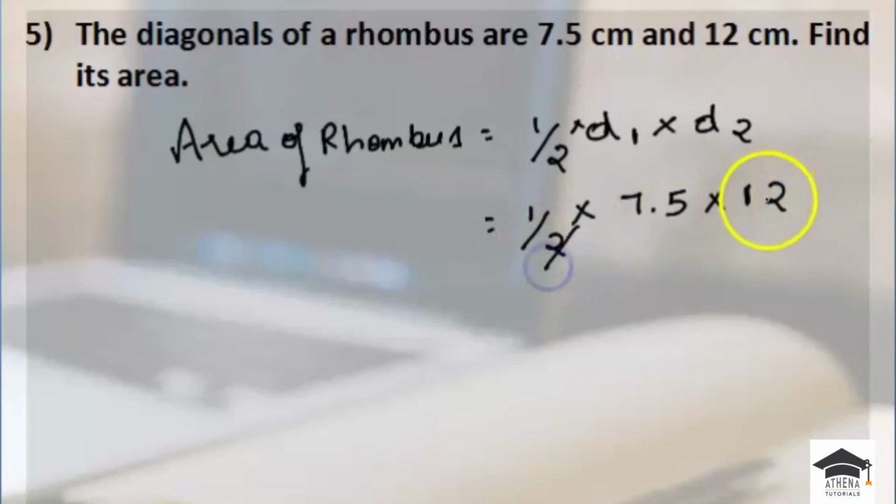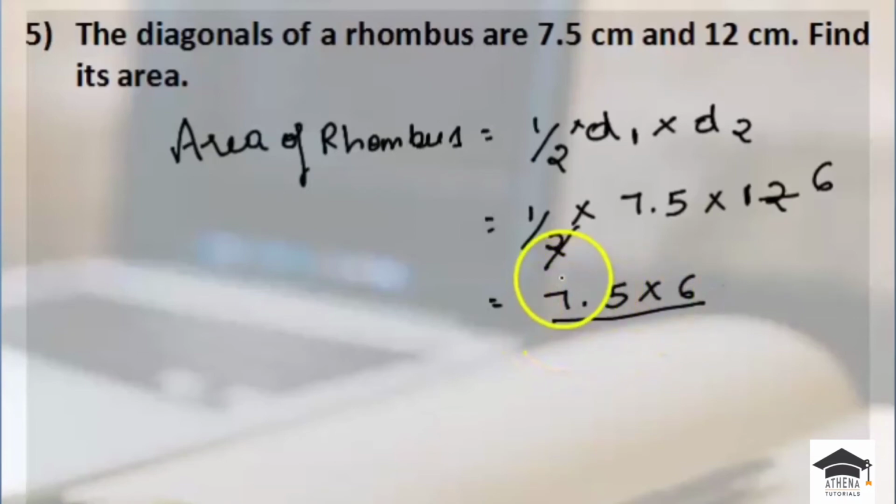So, 2 ones are 2, 2 sixes are 12. So, 7.5 into 6. What is 6 fives? 30. 6 sevens are 42. 42 plus 3 is 45.